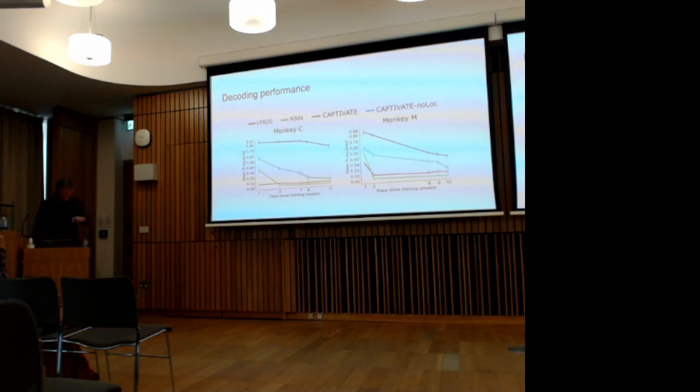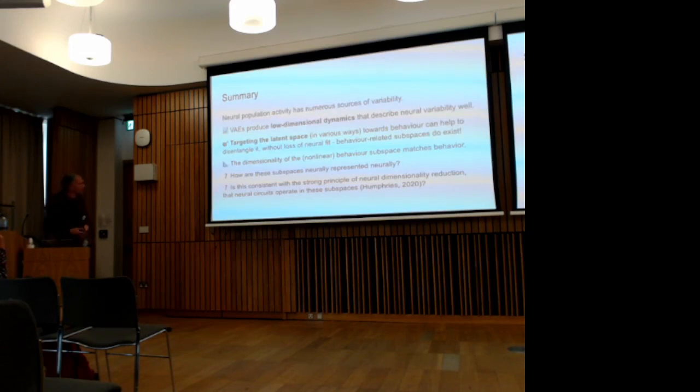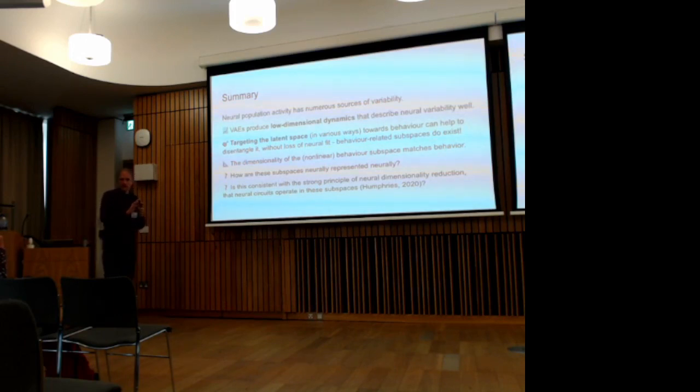Okay, so to summarize, the aim we have is to understand where neural variability comes from, and whether we can have models that can partition our data and be more informative about different sources of the variability in the data.